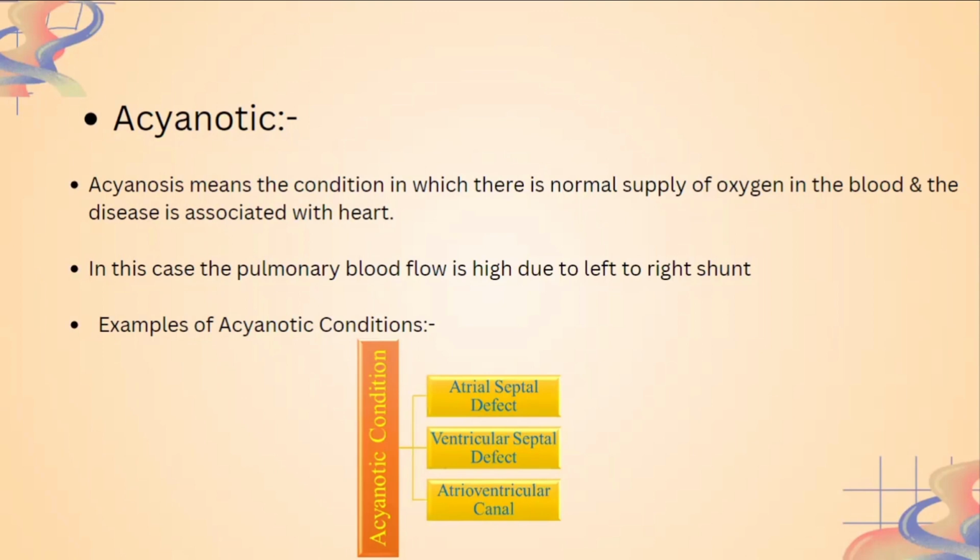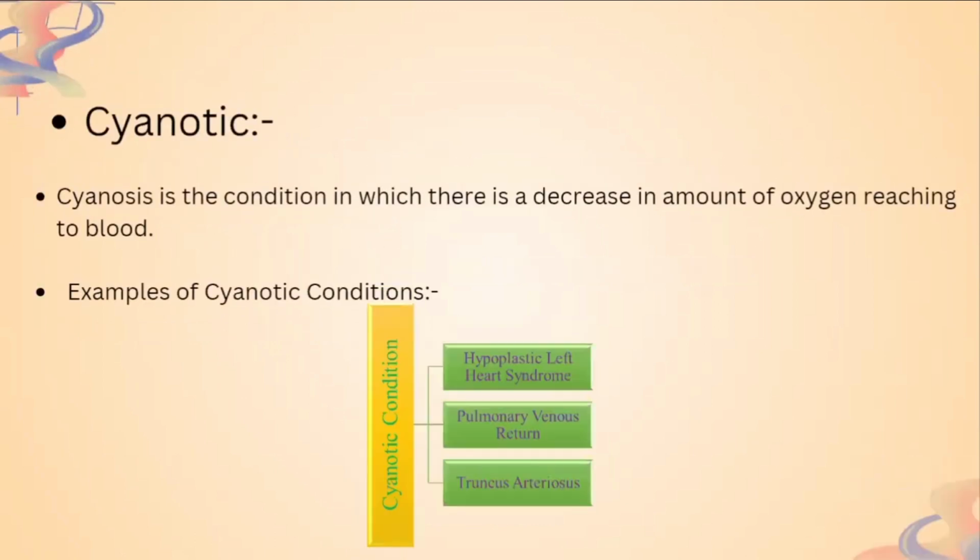In this case, the pulmonary blood flow is high due to left to right shunt. Mainly, the pulmonary blood flow increases because the blood transfers directly from the left atrium or ventricle to the right side. Various examples of acyanotic conditions are atrial septal defect, ventricular septal defect, and atrioventricular canal defect.